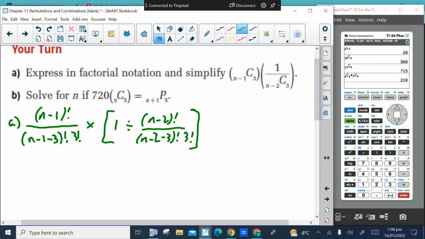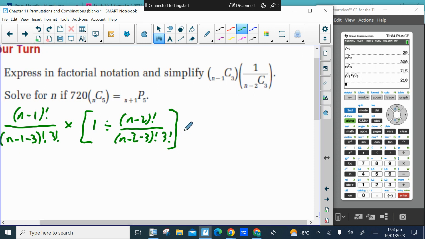So, we can start doing some simplifying here. You're going to have (n minus 1) factorial on top of that first part. The second part, n minus 1 take away 3, will be (n minus 4) factorial times the 3 factorial. And that'll be multiplied by, instead of 1 divided by, we can go 1 times the reciprocal. So the bottom, which was (n minus 2 take away 3) factorial, that part becomes (n minus 5) factorial times 3 factorial.